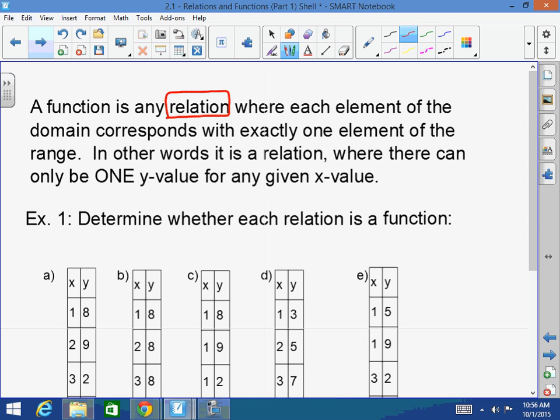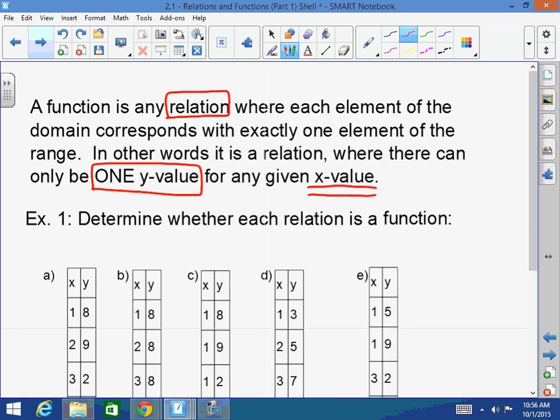However, it's a relation where each element of the domain corresponds exactly to one element of the range. In other words, remember this. A function is a relation where there can only be one y value for any given x value. So when I have a value of x and it gives me an output, I can only have that same output forever.